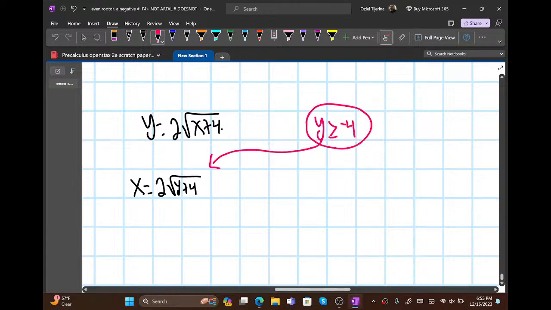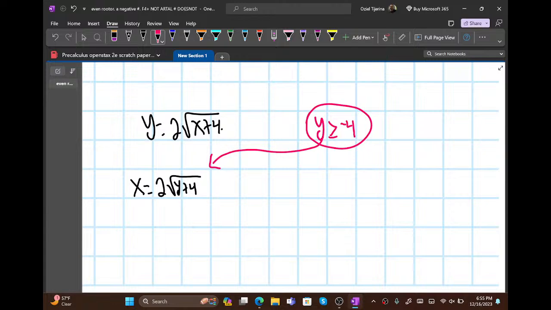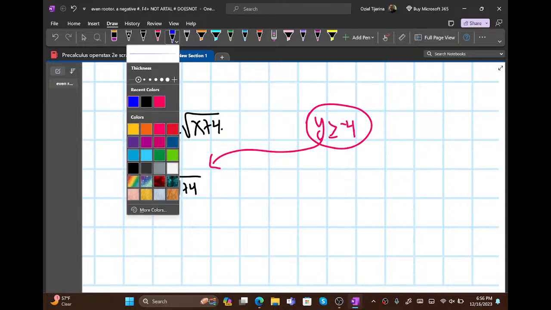In this case, I believe. So I'm just going to solve for y, excuse me. And we're going to go ahead and divide by 2 on both sides here.